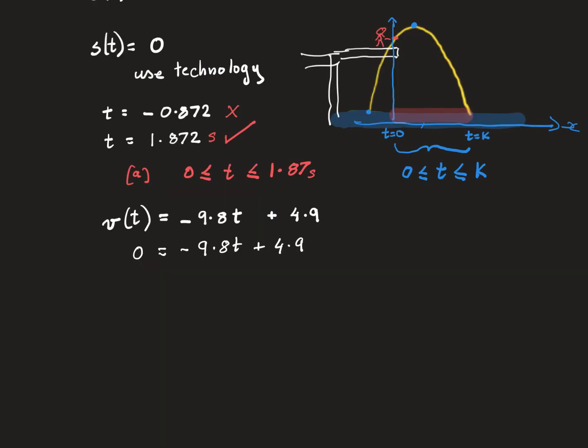Okay, just a bit of rearrangement. So we finally get t to be 4.9 over 9.8, which is really a half. This suggests that the direction of the velocity changes at 0.5 seconds.